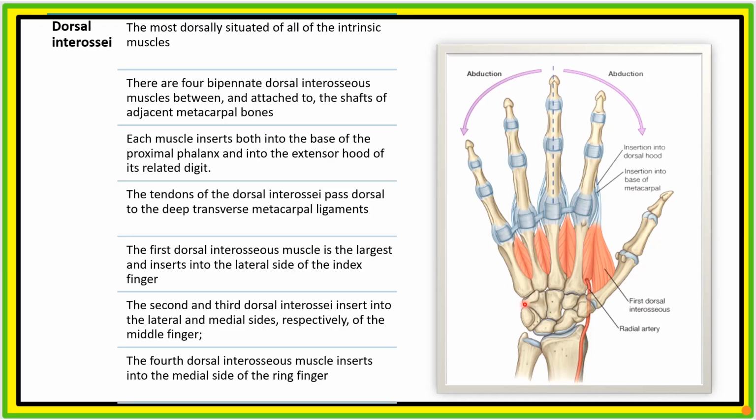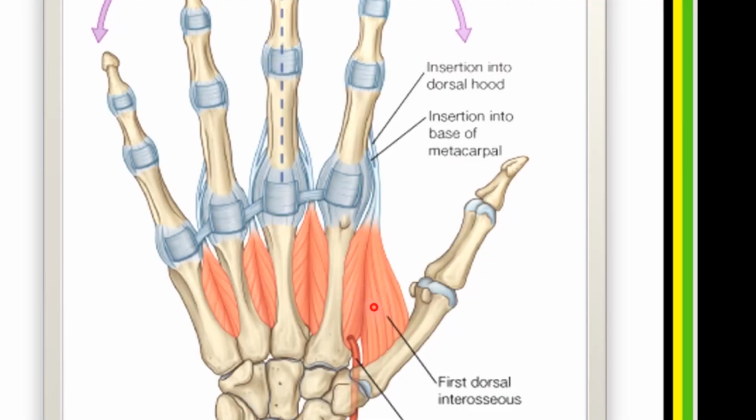Each muscle inserts both into the base of the proximal phalanx and into the extensor expansion of its related digit. This is the first interosseous. We will see the insertion at the base of the proximal phalanx and also its insertion into the extensor expansion.